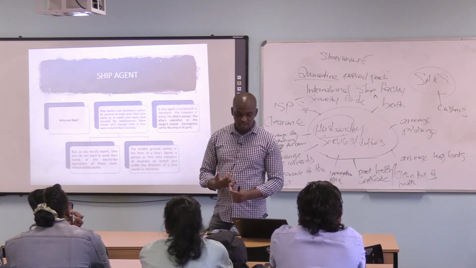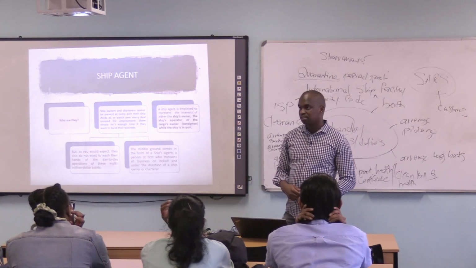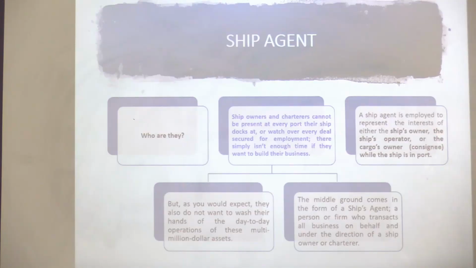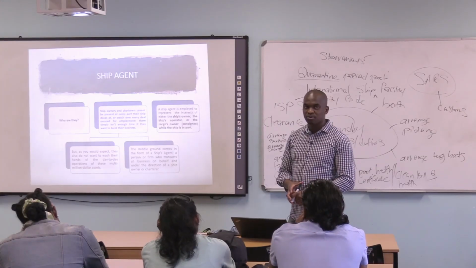Now, but as you would expect, they also do not want to wash their hands off the day-to-day operations of these multi-million-dollar assets. Because remember, if you're owning a ship, you're owning something that is worth a couple of millions. So you wouldn't want to get your hands completely off everything that's happening with that particular asset.